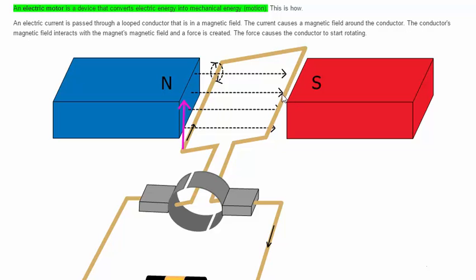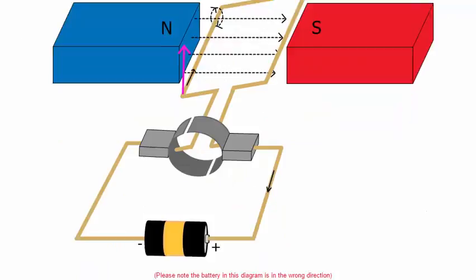While on this side, I have to put my hand downwards, because if I follow the current, it is now pointing towards me. So if my thumb is pointing towards me, my hand will be pushing down. So this side is being pushed up, that side is being pushed down, and as a result, this thing is turning in a clockwise direction.